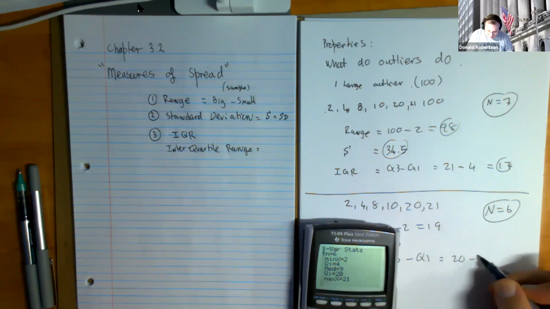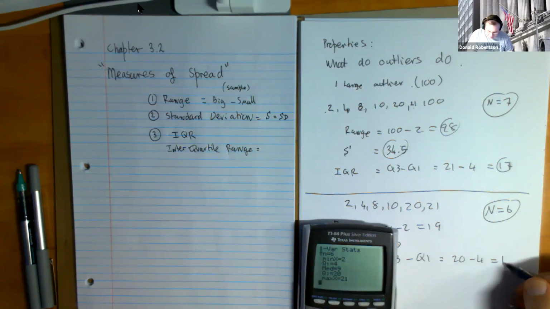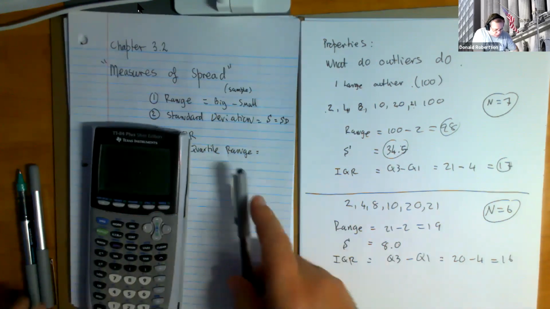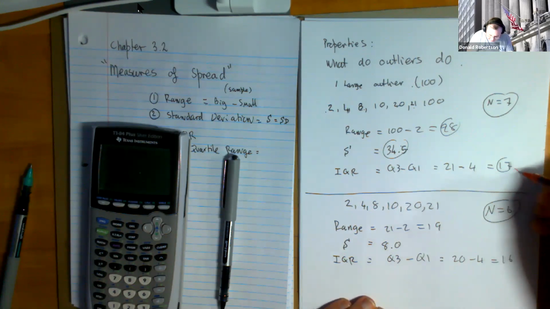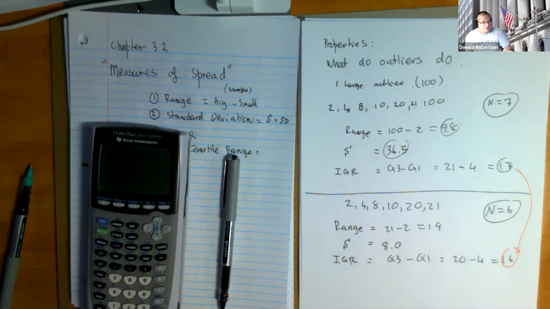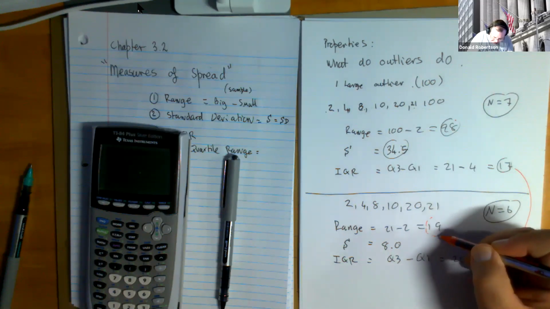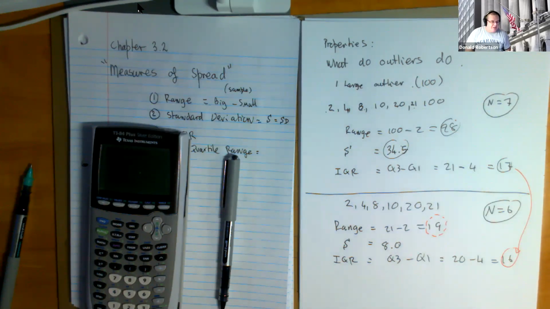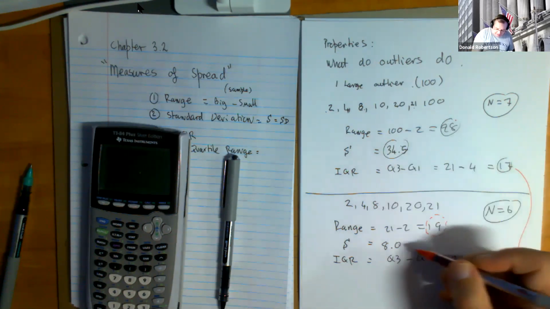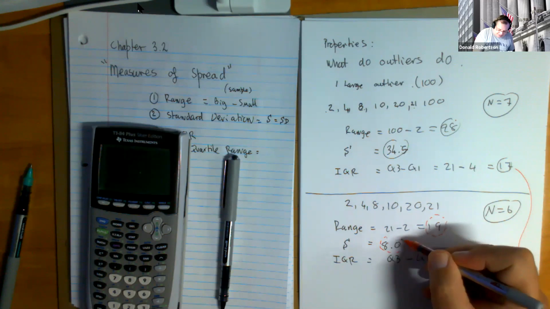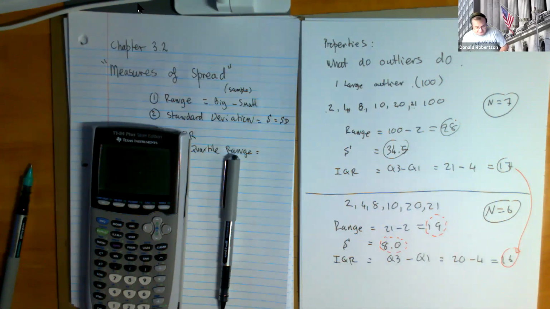It's 20 take away 14 equals 6. Would you agree that there's not a big change? Used to be 17, now it's 16. Nothing. Used to be 98, now it's 19. Big difference. Used to be 34 and a bit, now it's 8.